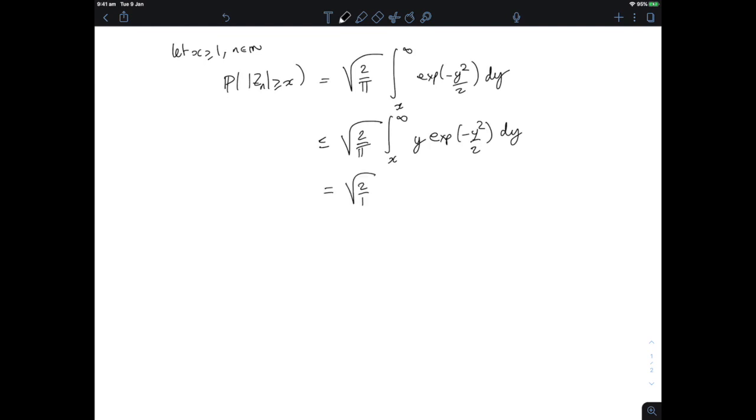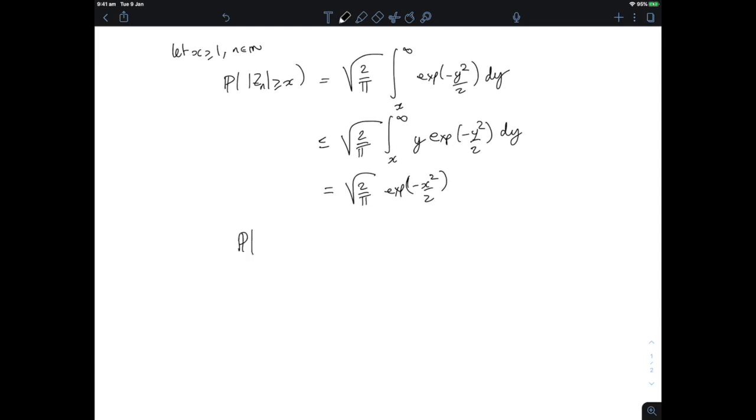So the fact that the Gaussian density decays like exponential minus y squared over 2 tells me that the tail of the Gaussian, up to some constant that I don't really care about, the square root of 2 over pi here, decays like exponential minus x squared over 2. All right? That's for every x greater than 1. So this is a very fast decay. Now, what does that tell me?